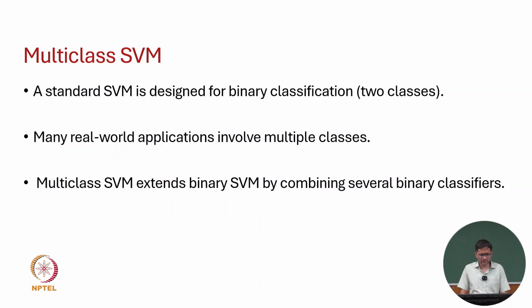We already saw a particular paper example where, in the context of Earth observation data, they designed a multiclass version of SVM. However, we did not discuss the details of that paper at that point. So now let us try to understand multiclass SVM in a bit more detail.